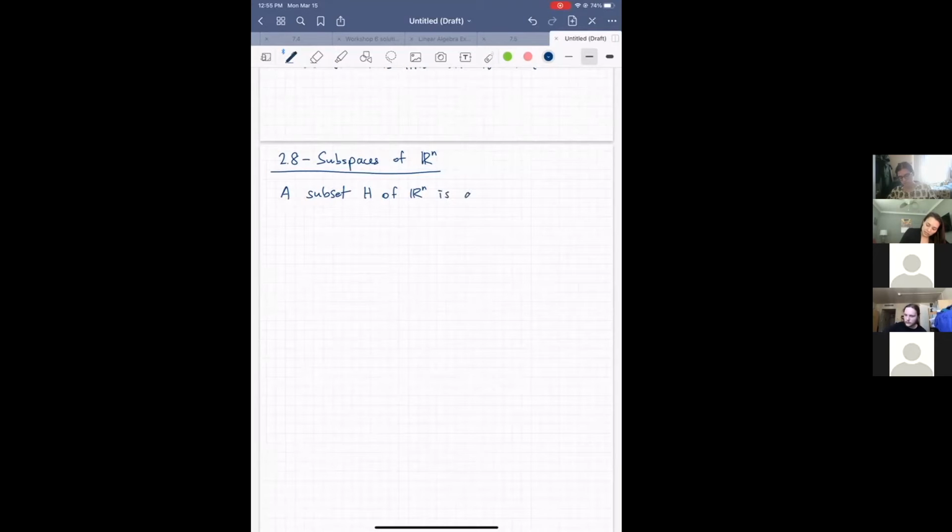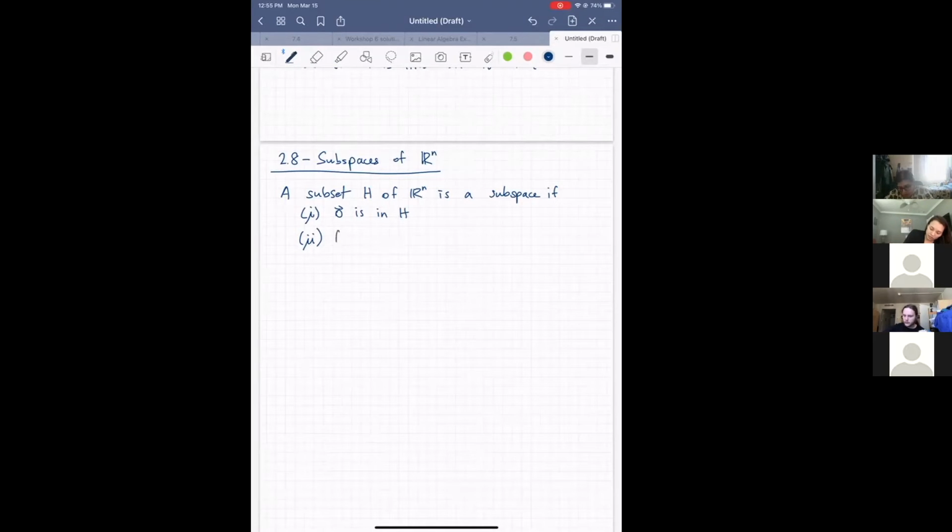We say that this is a subspace if we have a few things. So first of all, 0 is in H. So our subspace has to always contain the 0 vector.